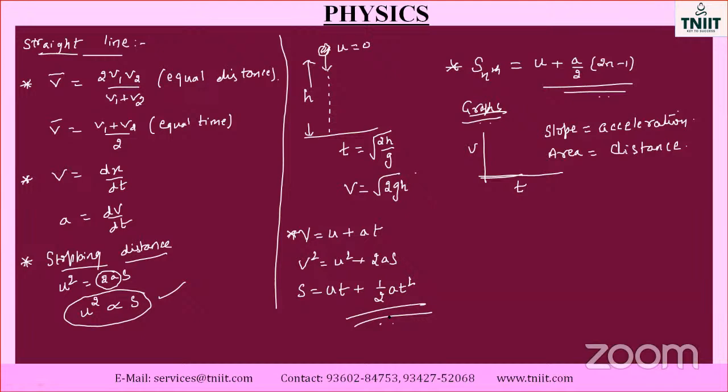Now, one more interesting problem that is usually asked in this chapter. There will be a tower of particular height h. Suppose you drop a particle from the top, the initial speed will be 0. If another particle moves up from below with some velocity u, after a certain time these two particles are going to meet.